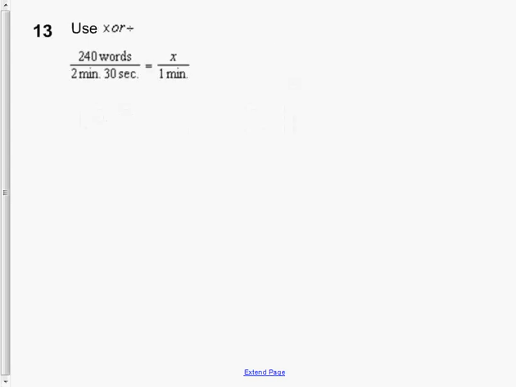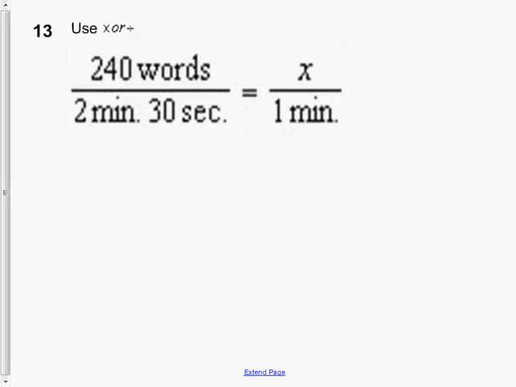In the 13th one, it asks you the same thing. It asks you to use multiplication or division. So we have 2 minutes and 30 seconds for 240 words, and then it says how many words can you get in 1 minute. So the first thing you probably want to do is think about 240 and just change 2 minutes and 30 seconds. Or actually, we don't even need to change it, because 2 minutes and 30 seconds is the same thing as 2.5 minutes.